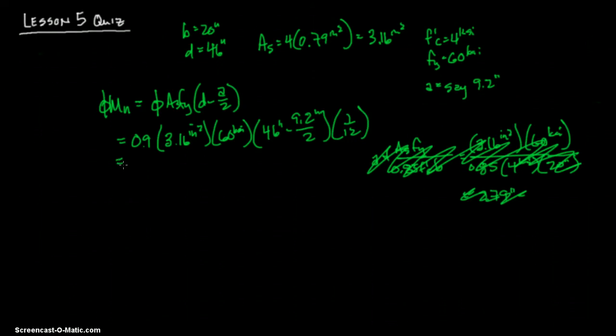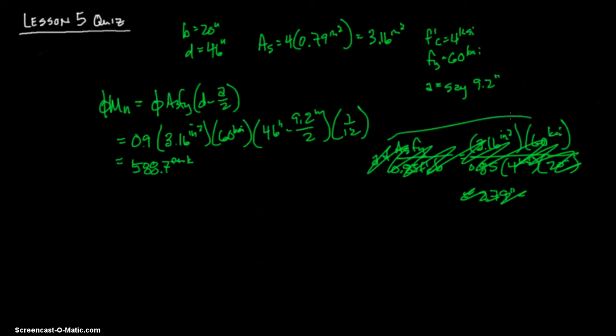Remember, this is changing it into feet; right now we have inch kips. That equals 588.7 foot kips, and that is answer number A, 588.7 foot kips.